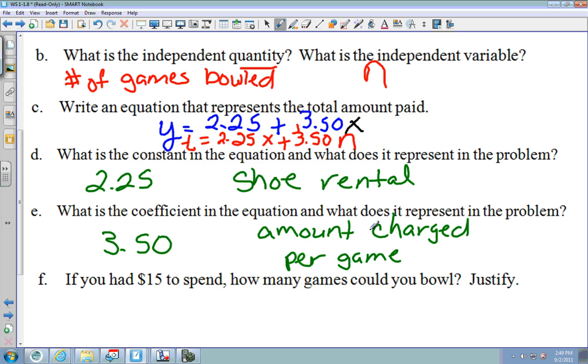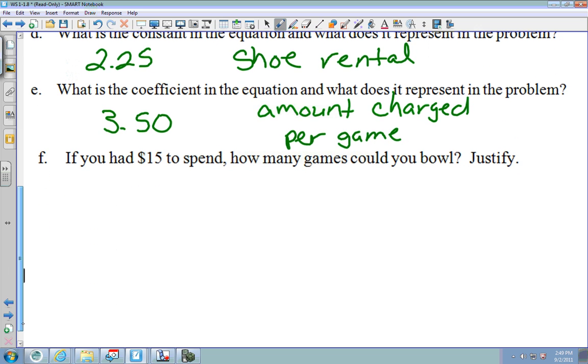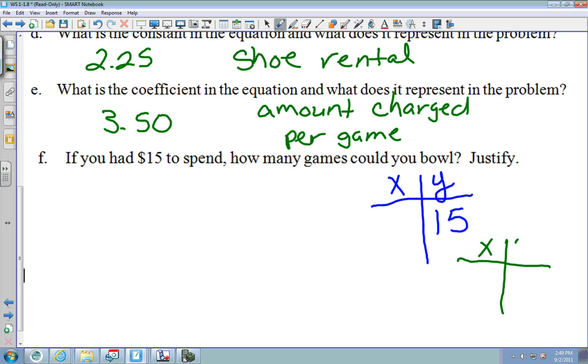Now this one wants to know if you had $15 to spend, how many games could you bowl? Okay, let's look at this. $15. The dollars goes in the Y category right here. So we're looking to see where Y is 15. If you actually went in the calculator and went to Y equals and put in there 2.25 plus 3.50x, well, let's see.